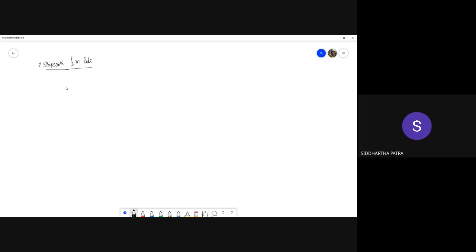So the idea here is, what is better than approximating a function, a nonlinear function, a curve, as a straight line, and evaluating the area under the curve?